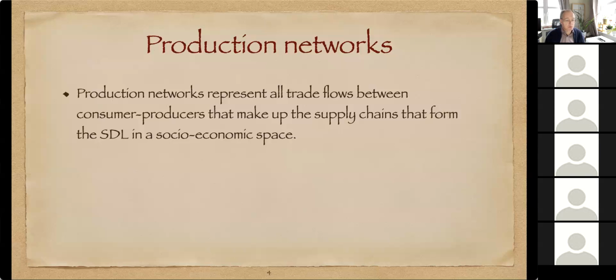Right. So to set out the agenda for the coming lectures, production networks represent the trade flows, everything that is externalized. It is not mapping the resources that are used within production organizations that are not externalized, that are not traded.